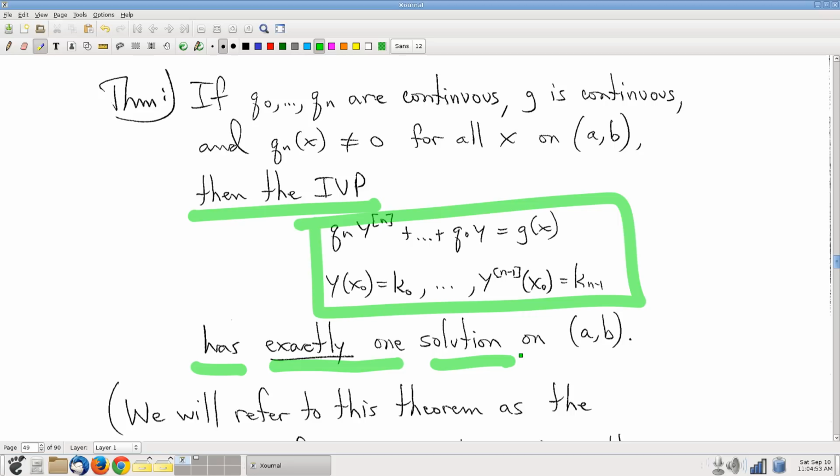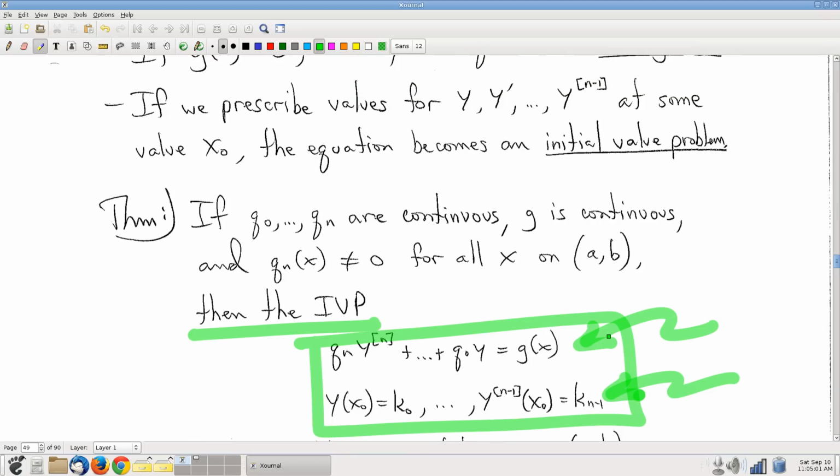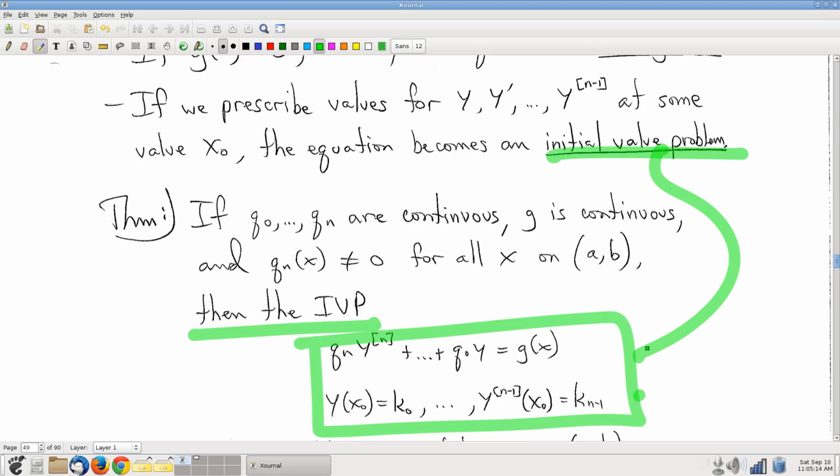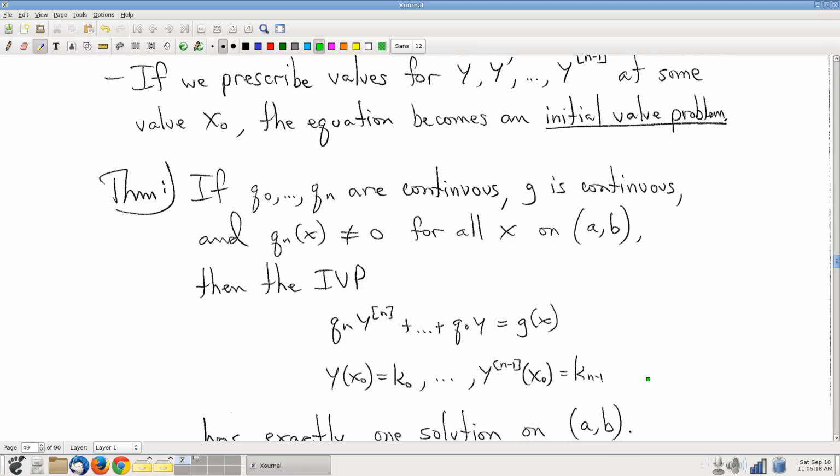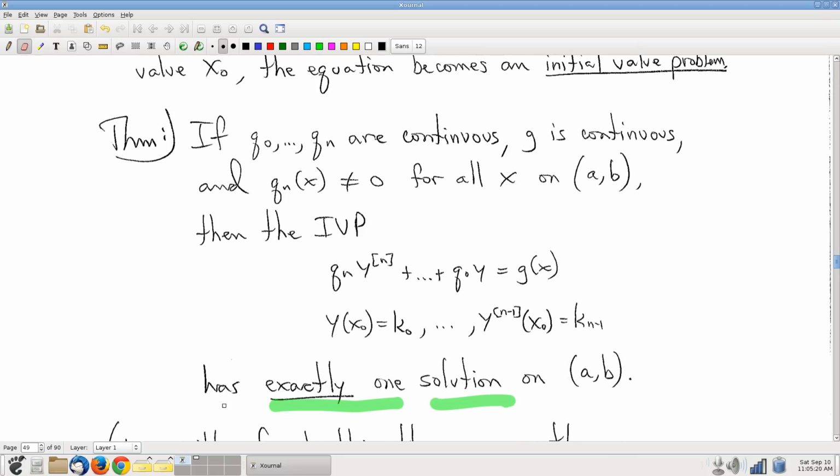Notice that this is an initial value problem. There's a differential equation here. That's an initial condition per our definition up here: prescribed values of various derivatives all the way up through the n-1 derivative. So this is exactly our definition of an initial value problem. And what the theorem says is that this has exactly one solution.